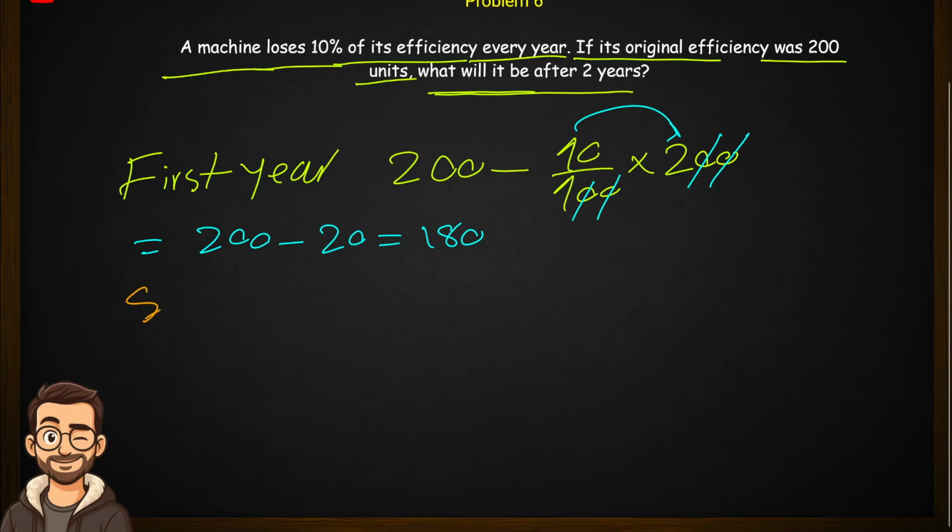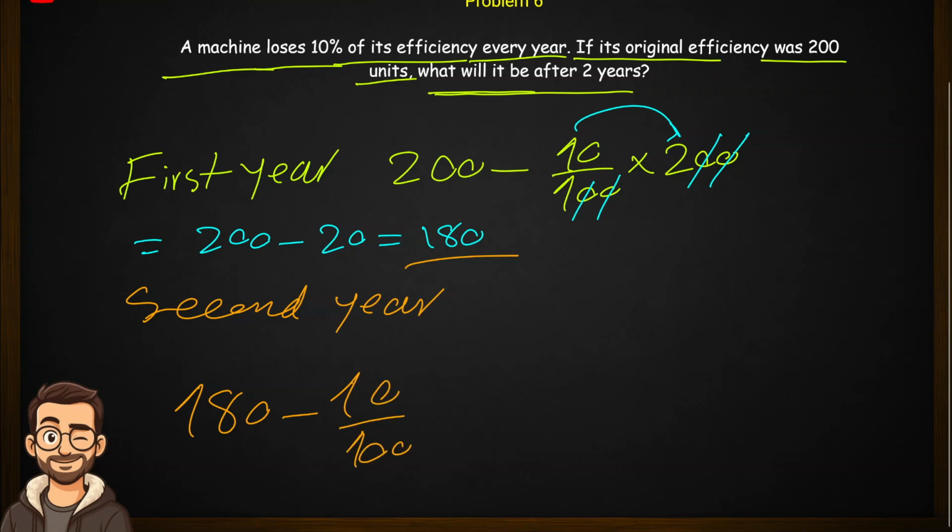In the second year, the efficiency is not 200. It's 180. And for that year, the machine loses 10% of that efficiency. So we need to write 180 minus 10% of that efficiency.